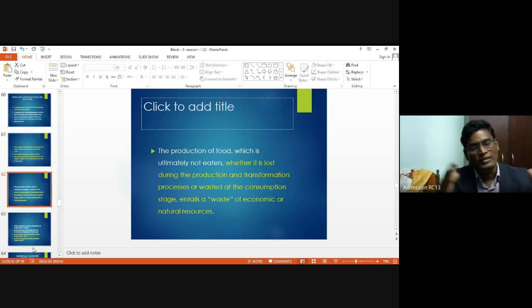So whatever the stage at which food is getting wasted, whether soon after harvesting, during storage, during handling and transportation, or after consumption as leftovers, it all leads to an economic and natural resource impact.